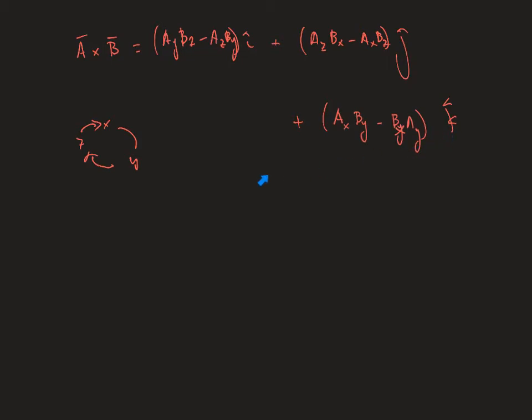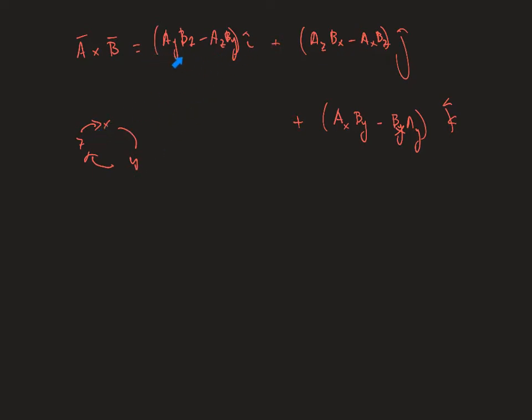This is the z component, and the next one is x, y, then y, x. I think it's the same thing that I wrote before. Let me see if this is correct. Yes, it's correct. Let me see if this rule that I have invented is okay. I think it's okay.